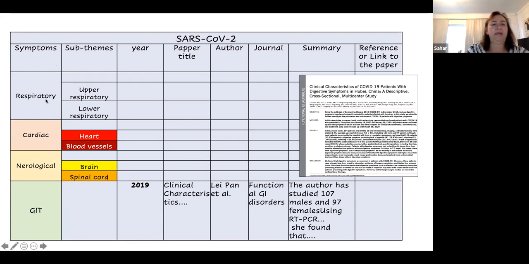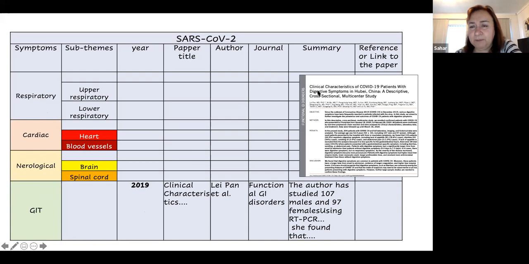So if I classify the symptoms according to the systems, I'll put respiratory, cardiac, neurological, and GIT, and then upper respiratory and lower respiratory, since it's a respiratory disease. Then for the heart and blood vessels, brain, and spinal cord, I will try to retrieve the papers.